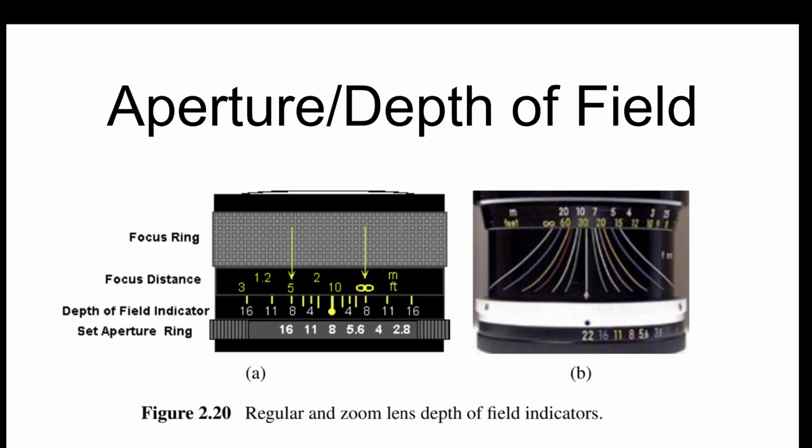This is your aperture ring. It's in terms of f-stops. So this is going to be a smaller hole, and that will be a larger hole. And then the depth of field indicator is actually making the focal length of the lens shorter or longer. And in cheap cameras, you literally see the lens move out or move in.